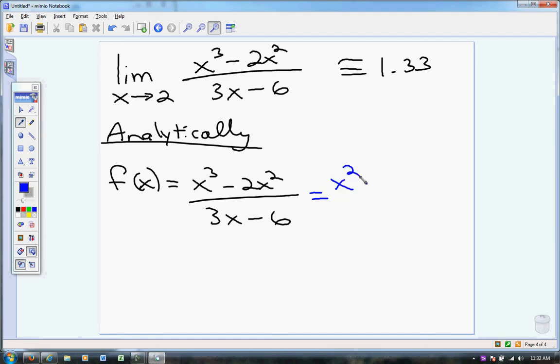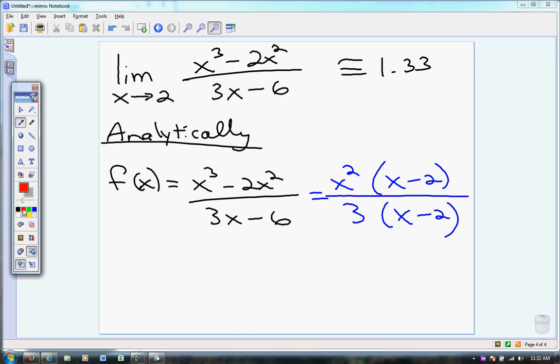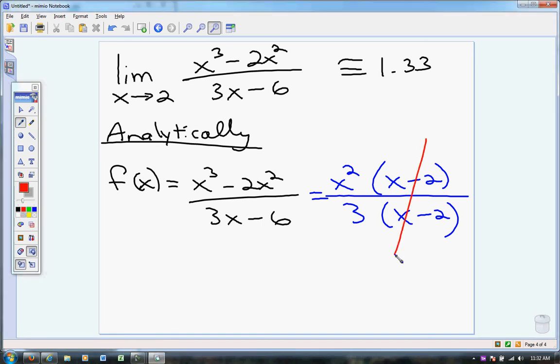I can factor out an x squared, and if I do that, I'm left with x minus 2. On the bottom, what can I factor out? A 3, and I'm left with an x minus 2. Get out the slasher. And look what I'm left with: f of x equals 1/3 x squared, or x squared over 3.